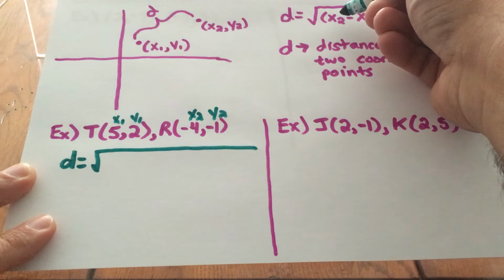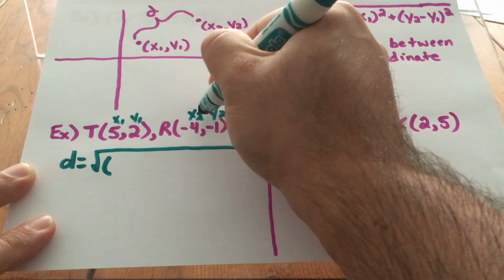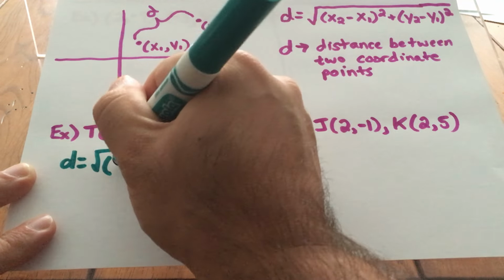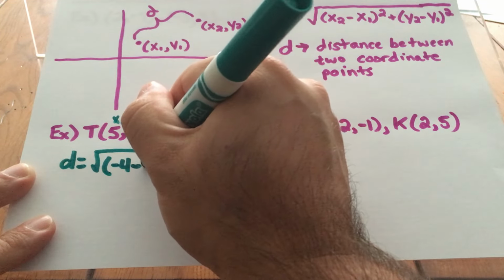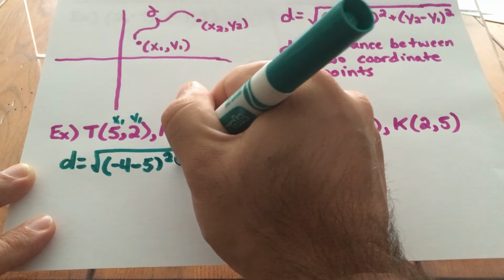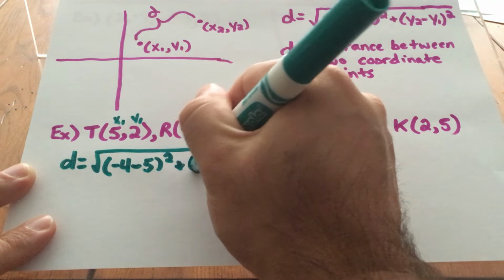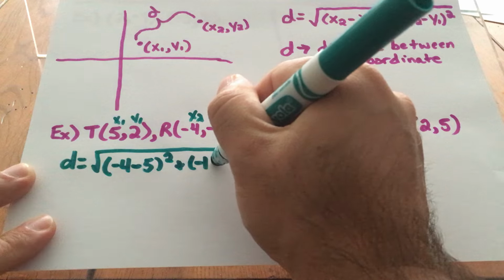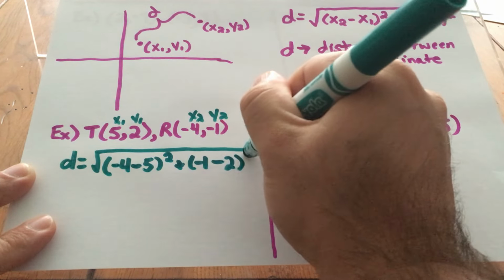Now the distance formula says that d is equal to the square root of x2 minus x1 squared. So x2 here is negative 4, minus x1, which in this case is 5, squared, plus y2, which is negative 1, minus y1, which is 2, squared.